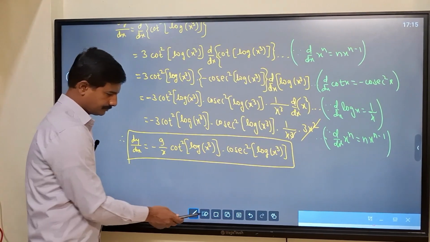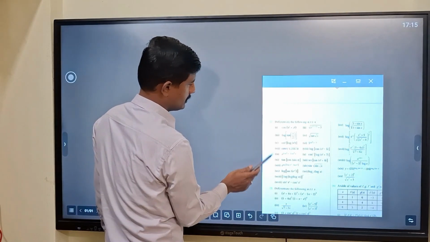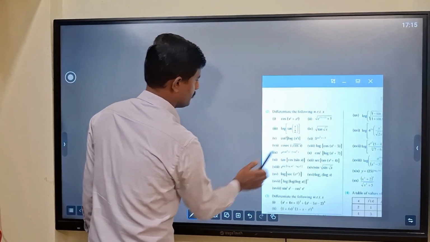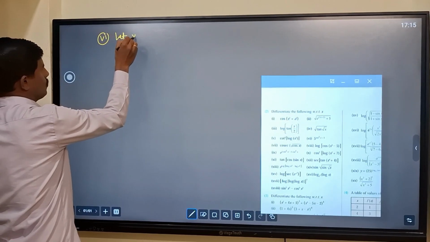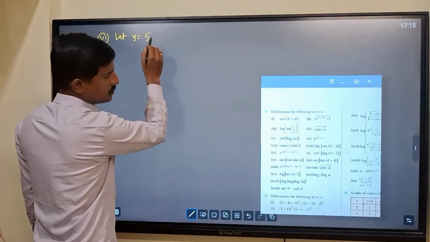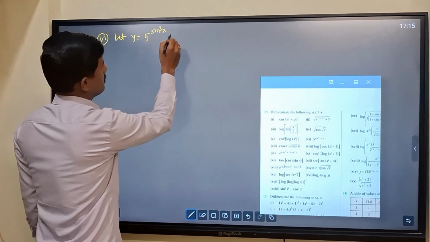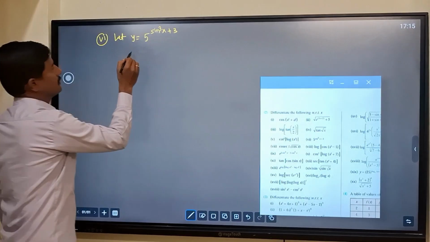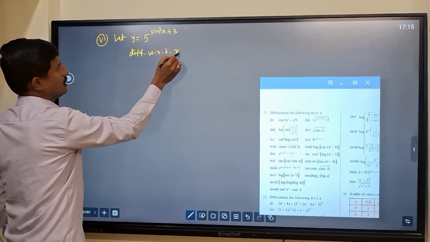Okay, now next one, sixth one. Let y equal to 5 raised to sine cube x plus 3. Differentiate with respect to x.